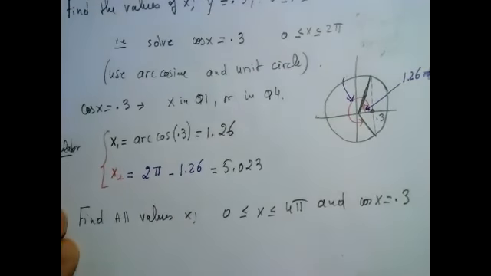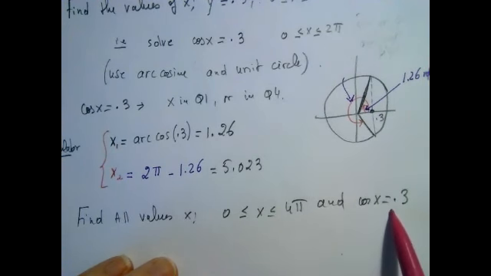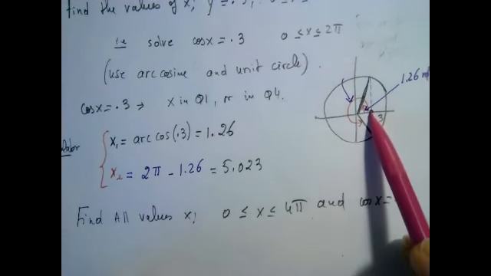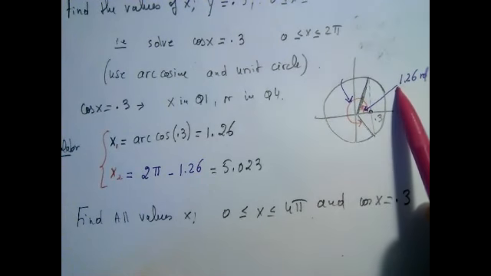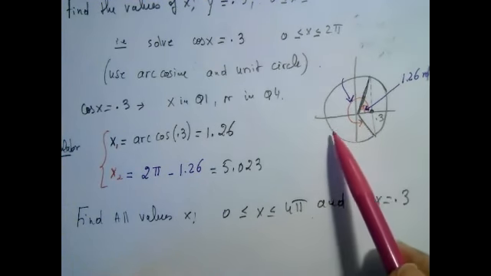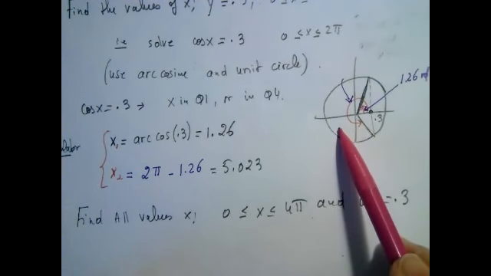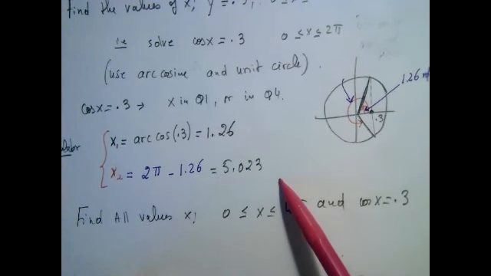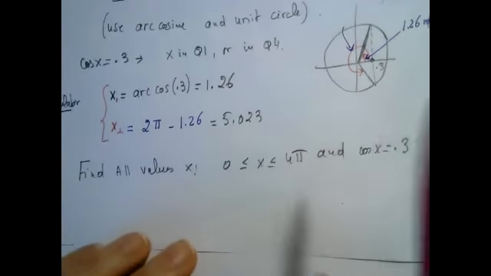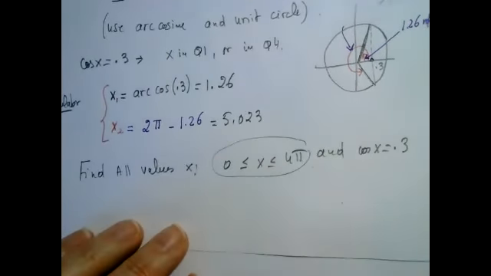In other words, can I find more values that have cosine 0.3 and are between 0 and 4 pi? In the first one, I found 2, 1.26, and I found 5.023. Can I find more of them? Can I find all the angles between 0 and 4 pi?